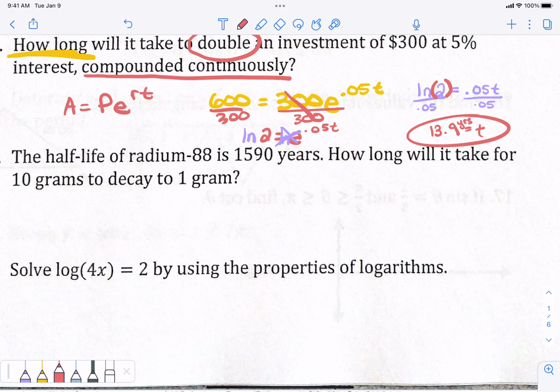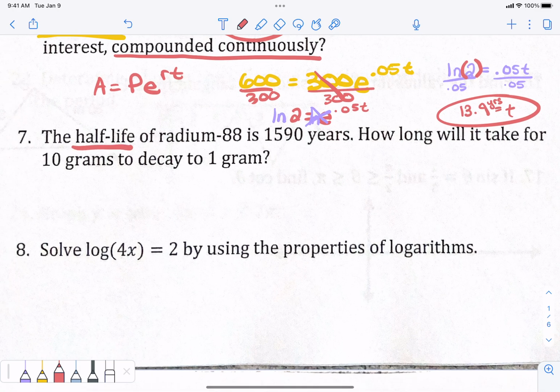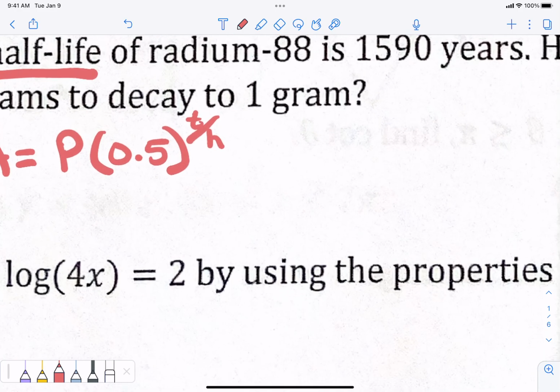All right, half-life. There's an equation for half-life: A equals P times 0.5 to the T over H, for half-life.